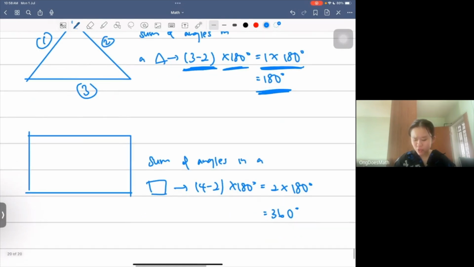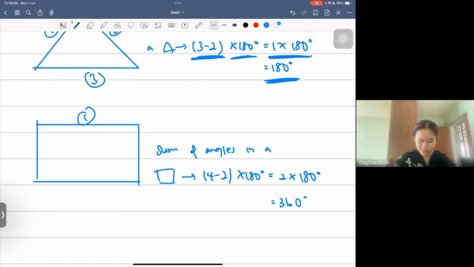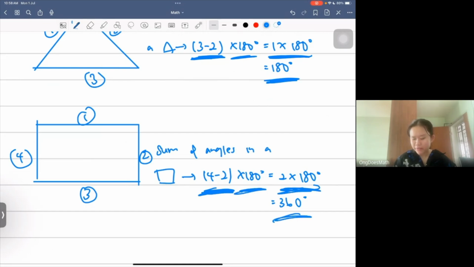Same thing for squares or rectangles, so basically 4-sided polygons in general. For 4-sided polygons, of course, there will be 4 sides. So you'll just take 4 minus 2, the number of sides minus 2, times 180. So that gives you 2 times 180, and that will give you 360, which makes sense, right? Because there are 4 90-degree angles in a square or rectangle, and 4 90-degree angles will add up to 360 degrees.